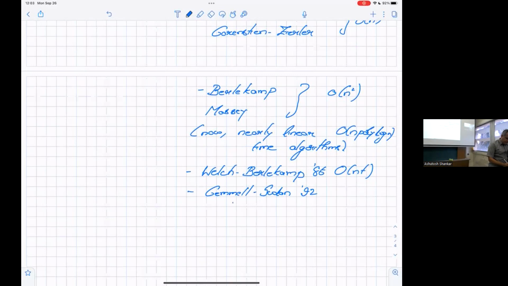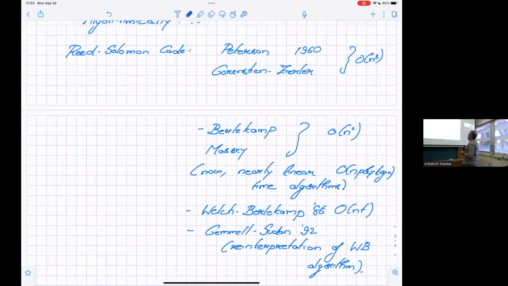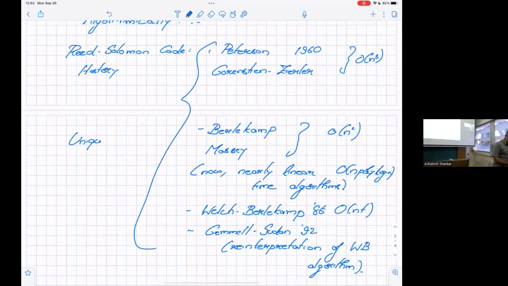So that's the history of Reed-Solomon decoding. So this has all been in the unique decoding regime.